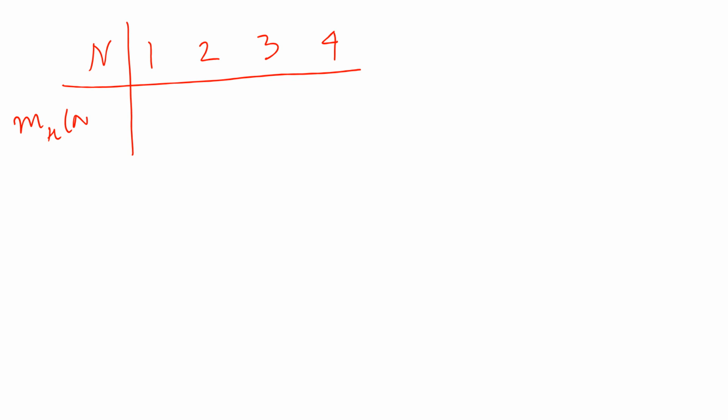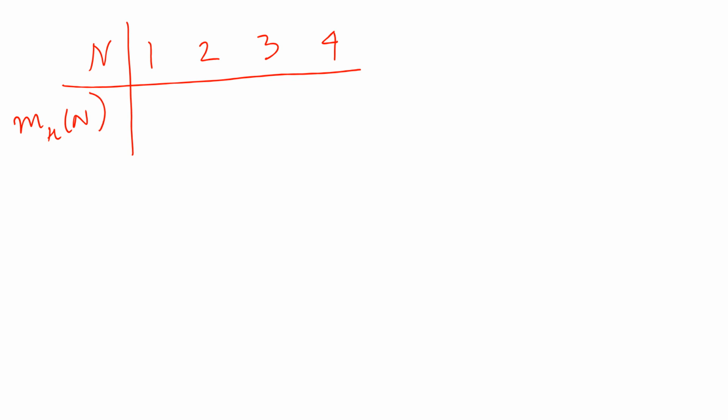For this particular example, what happens if my number of points is 1? Can I implement all possible dichotomies, based on my given hypotheses? Let's look at it. So 1, 2, 3, 4, and so on. My points will go on increasing, and my m sub H of n, let's see.